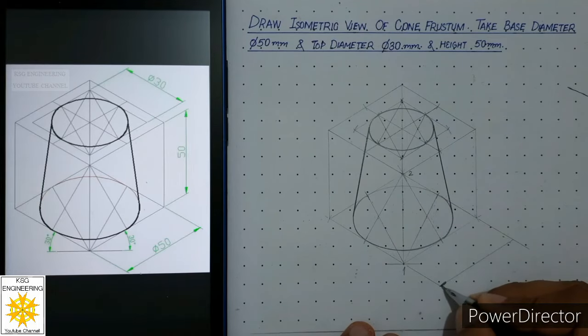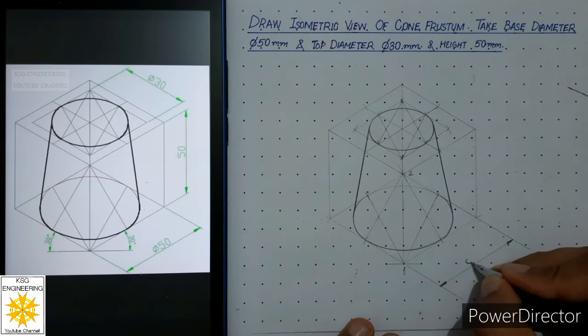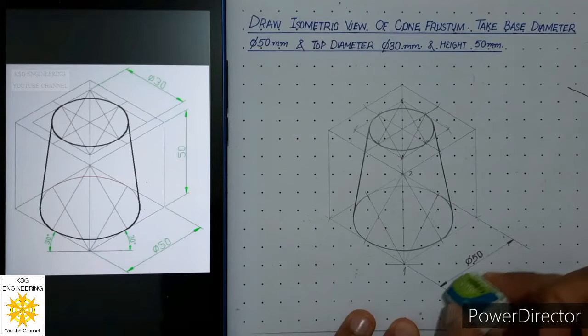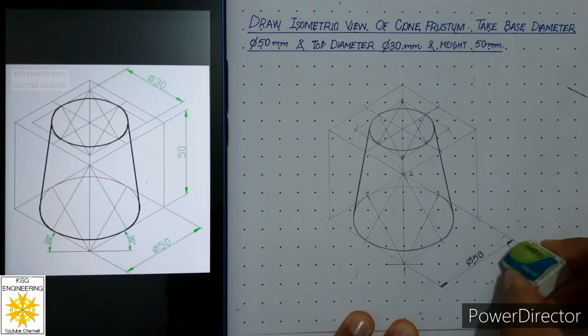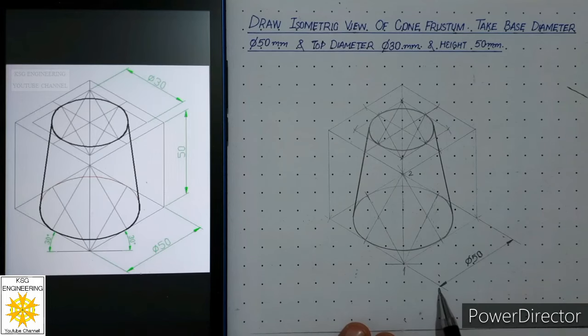Add closed filled arrowheads on both sides in 3:1, and over here we will write 550 in Gothic style. Then we will erase the extra extension lines. Extension lines should be 3 to 4 mm after the arrowheads.